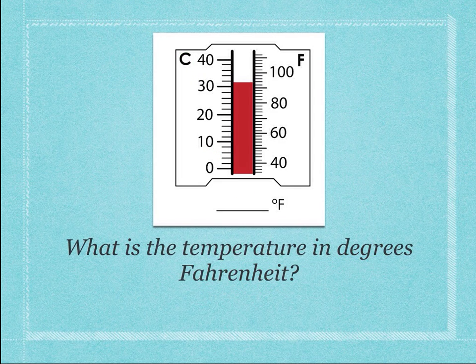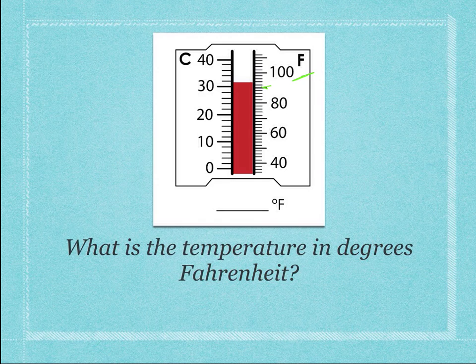This next question is asking you to find the temperature in degrees Fahrenheit. So we're going to use the other side of this thermometer, and we're going to see this red line up here, and we're going to figure out exactly what that red line means on the thermometer. I have 80 here, and I know that this next space is between 80 and 100.